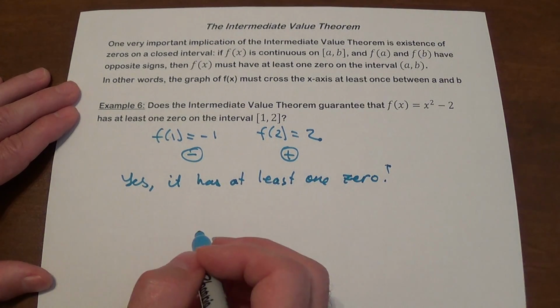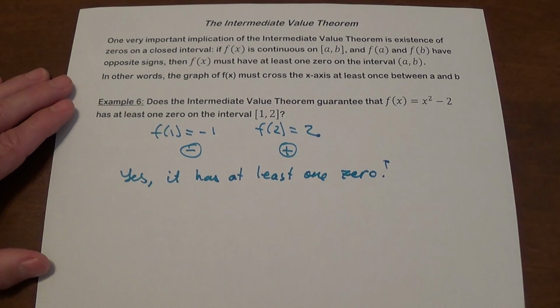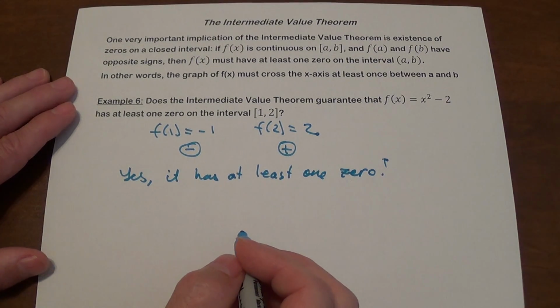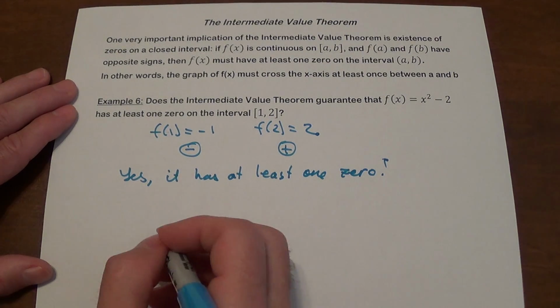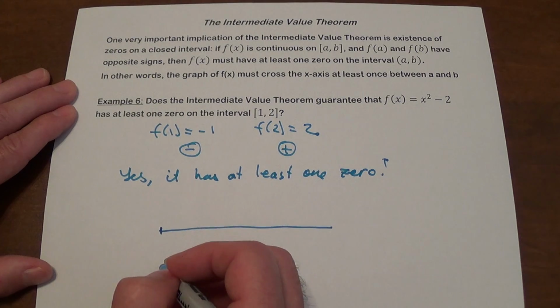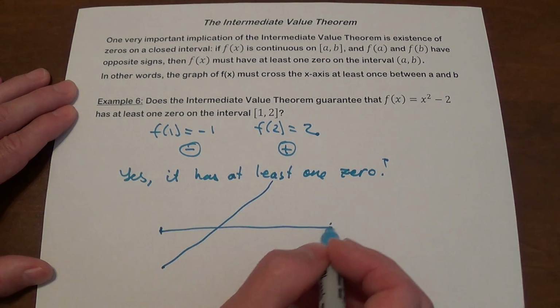Okay. What do you do? Back in the days when calculators did not exist, here's the approach for approximating zeros for functions that you cannot easily solve, which was especially the case with polynomial functions. We know the function here is going to be at negative 1, and here it's at 2, so it crosses the x-axis, something like this.